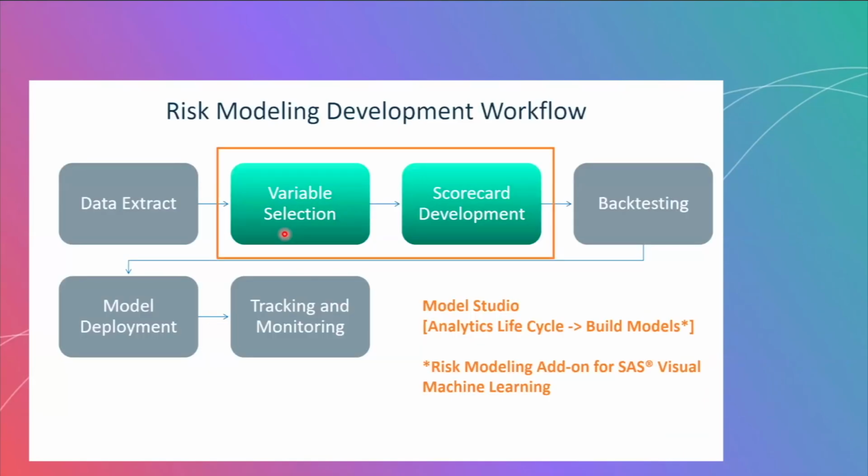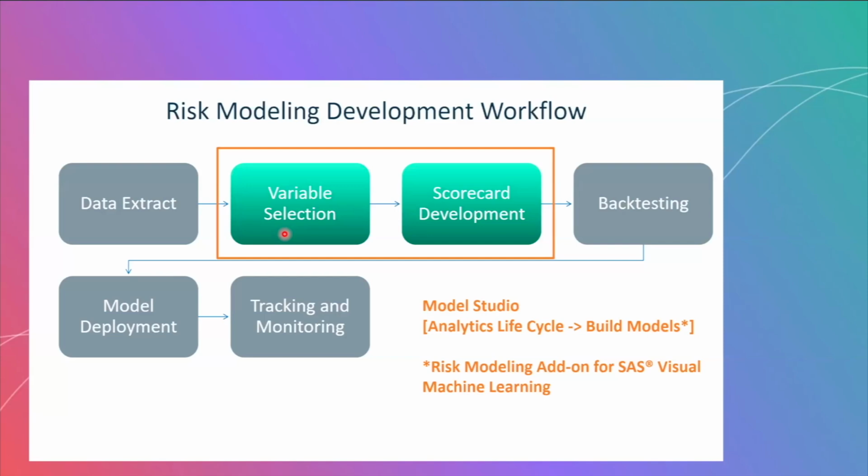Then comes the most important part, which is the main part, rather, the modeling part of it, which is about variable selection and scorecard development. These are two steps generally done in a sequential way. Correct.